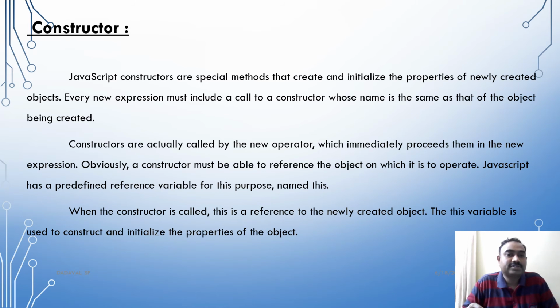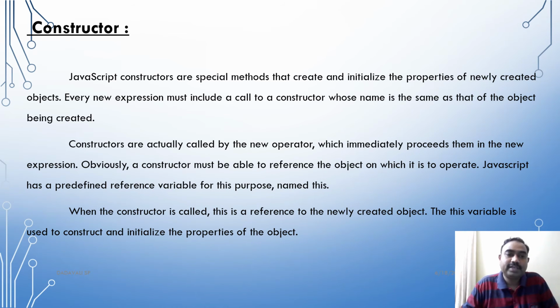Every new expression must include a call to a constructor whose name is the same as the object being created. Constructors are called by the new operator, which immediately precedes them in the new expression. Obviously, a constructor must be able to reference the object on which it is to operate.